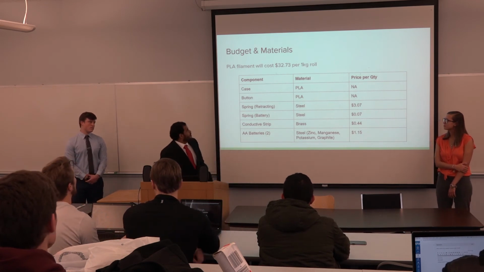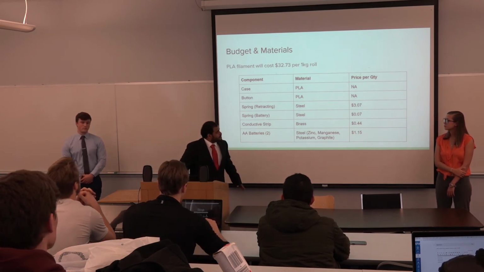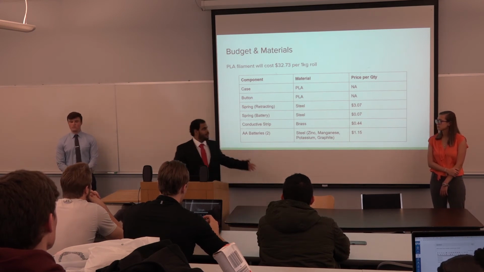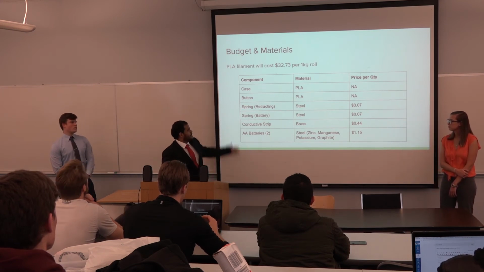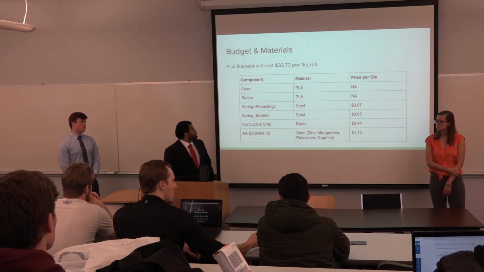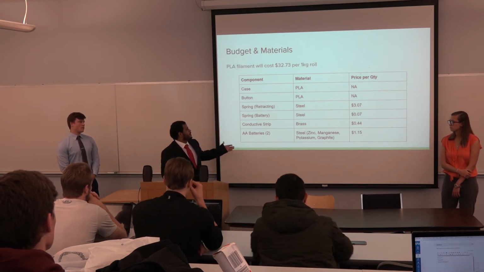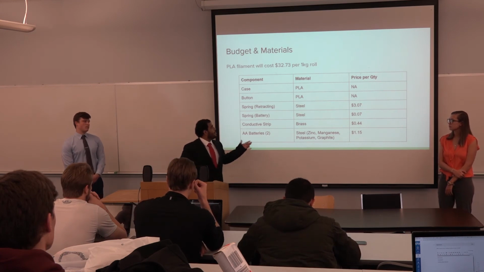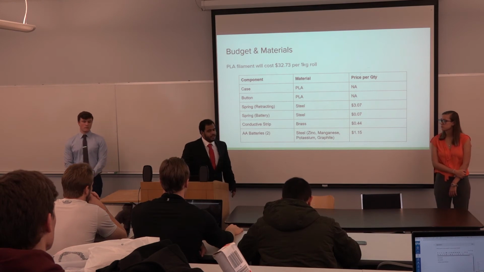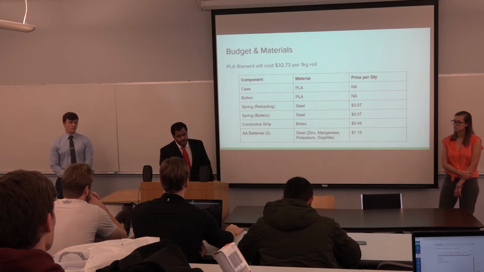So after that, we built our body material table. So basically, as Steve said, we're going to make the case and the button by 3D printing. The cost of a 1 kilogram roll of the PLA material is around $30.